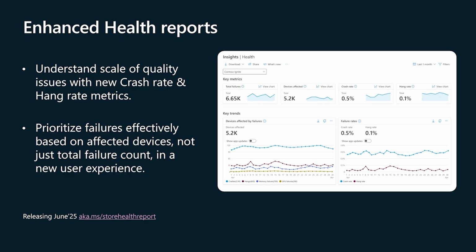These metrics will give you a more accurate view of the scale and severity of quality issues. Also, to help you focus where it matters most, health reports now highlight failures based on the number of affected devices, not just total failure counts. These will help you identify and prioritize issues with the broadest device impact so you can focus your resources effectively and filter out those edge cases that were creating too much noise before.